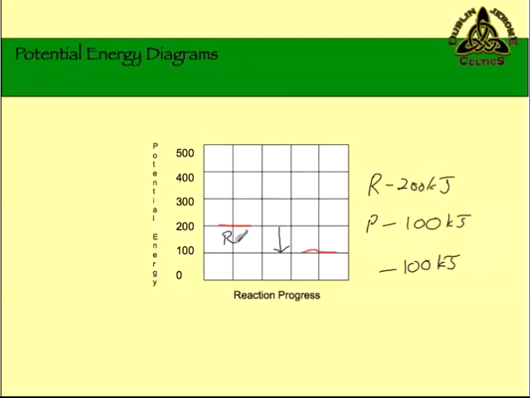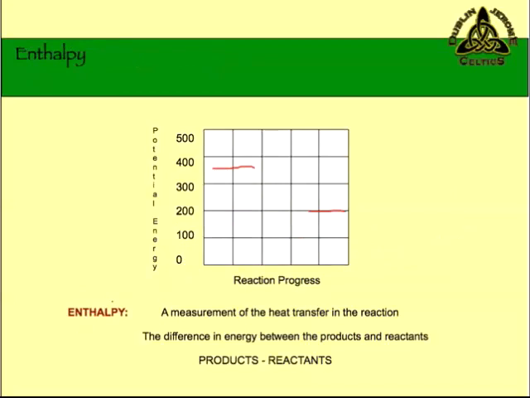Because here I have the reactants, here I have the products. We call that change from start to finish enthalpy. It's a measurement of the heat transfer in the reaction. And like we've been doing, it's the difference between the products and the reactants.